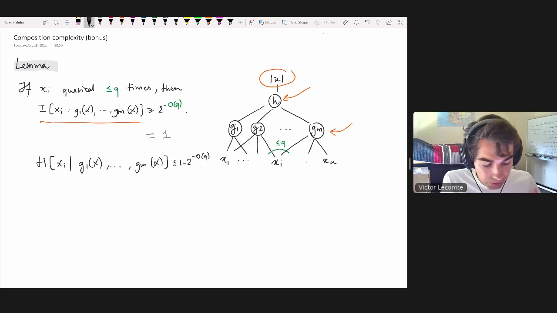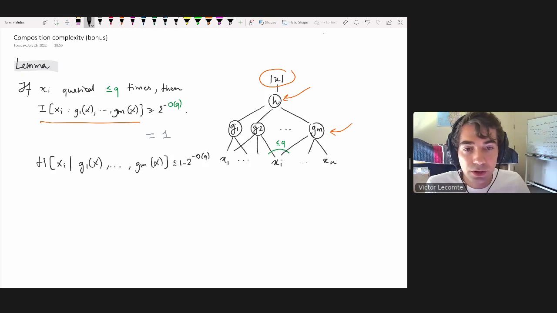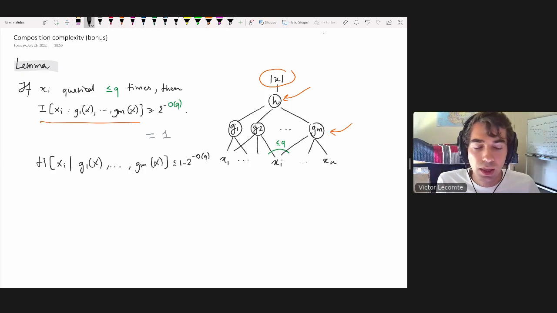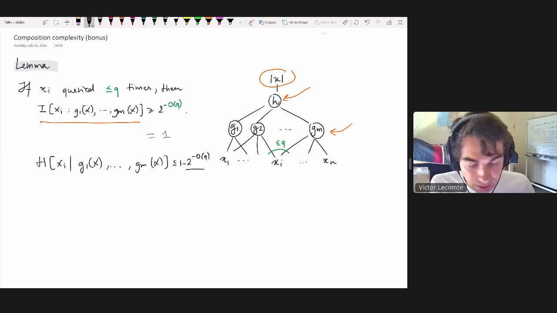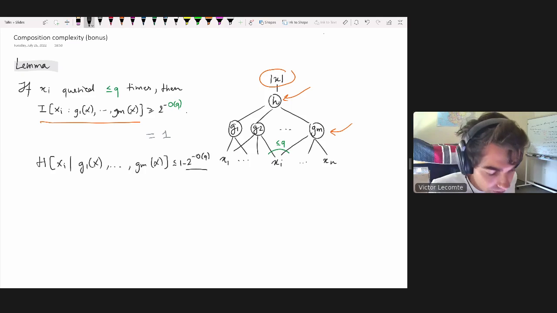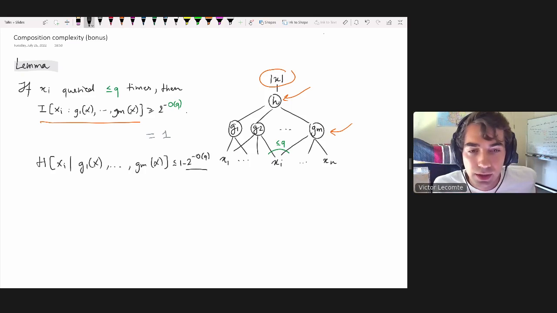If we knew nothing about xi from g1 through gm, the remaining entropy would be 1, because xi is just a random bit. So here we're saying that we can do a better than random chance guess at xi once we have g1 through gm, and how much better than random chance is quantified by this expression, 2 to the minus O of q. Okay, but let's get into it.